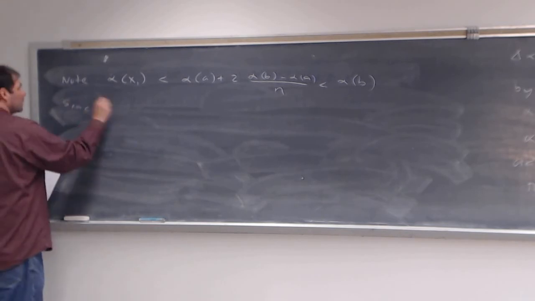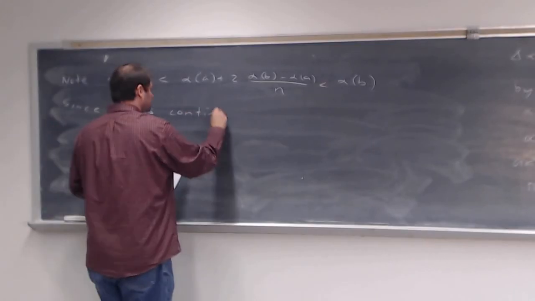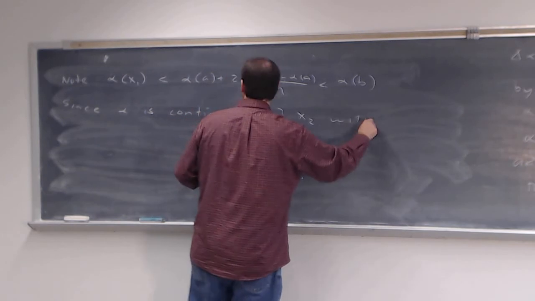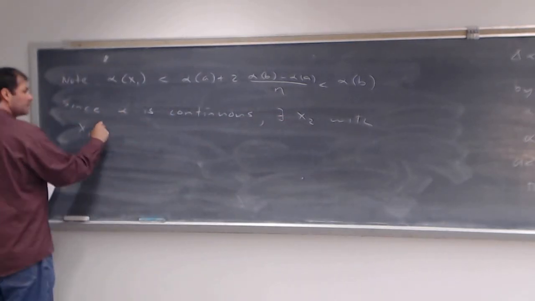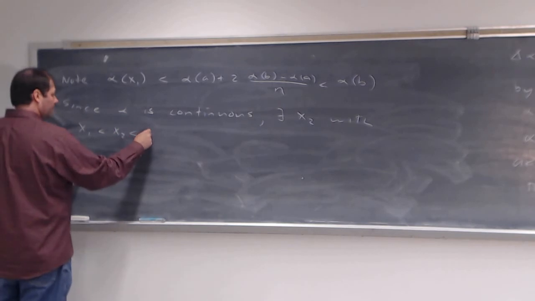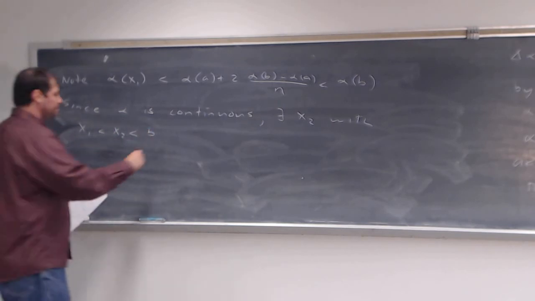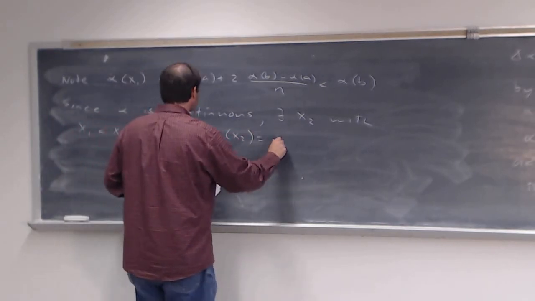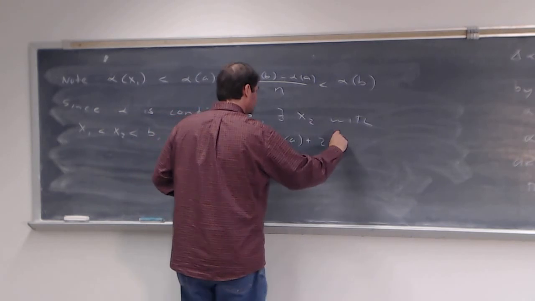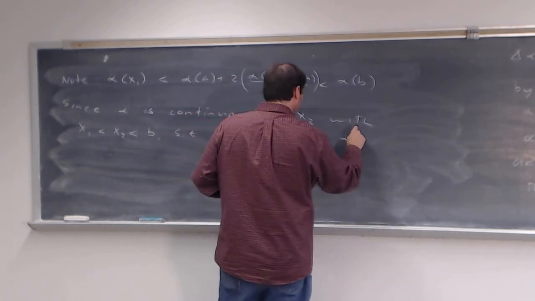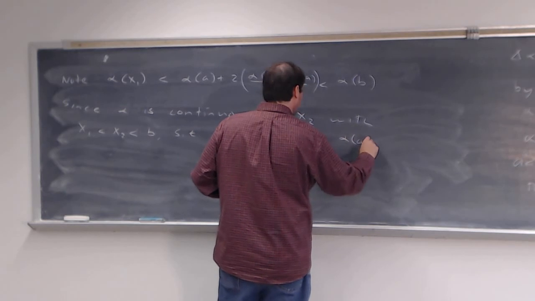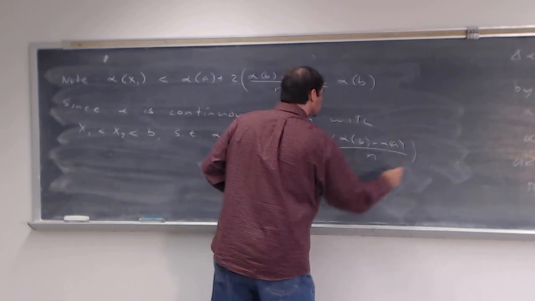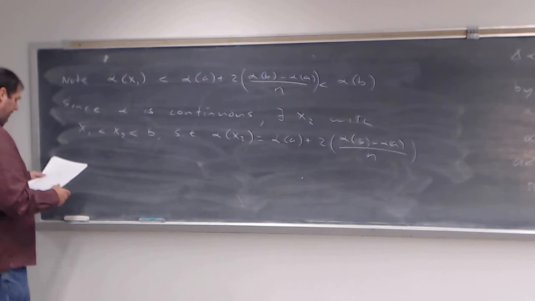Since alpha is continuous, there exists an x sub 2 with x sub 1 less than x sub 2 less than b, such that alpha of x sub 2 is equal to alpha of a plus 2 times the quantity alpha of b minus alpha of a, all over n. And that's again by the intermediate value theorem.